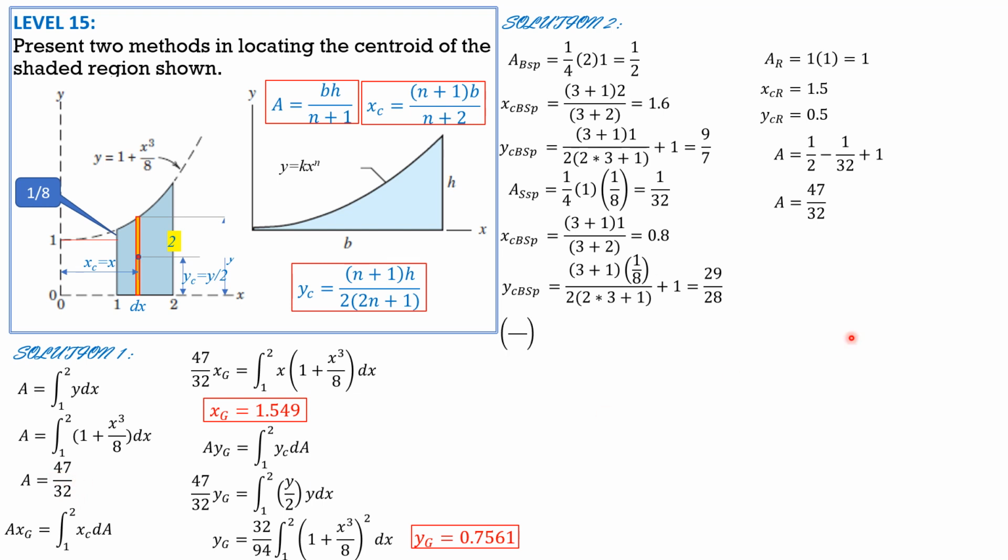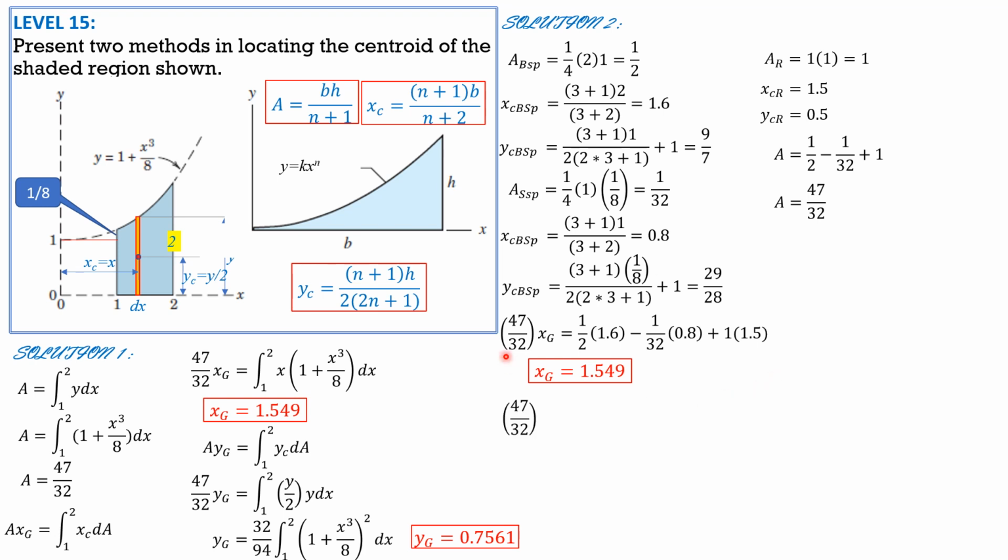We check here. Then Varignon's theorem: 47 over 32 times x sub g equals 1/2 times 1.6 minus 1 over 32 times 0.8 plus 1 times 1.5, x of the rectangle being 1.5. So xg is equal to 1.549, of course.